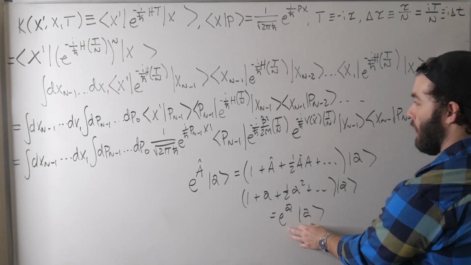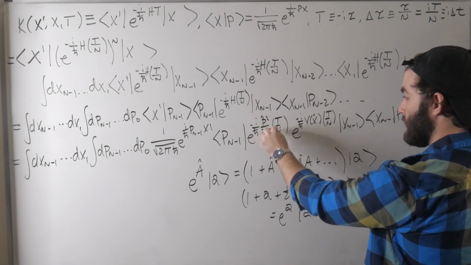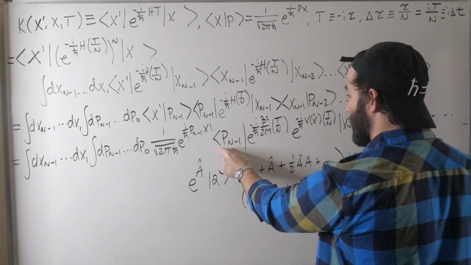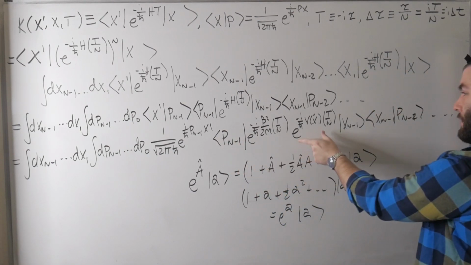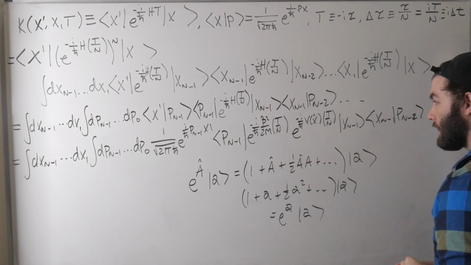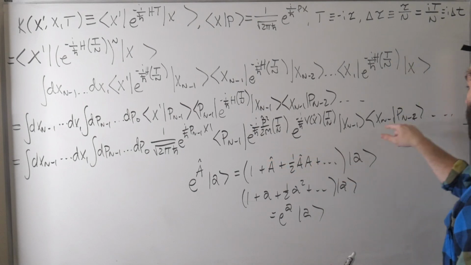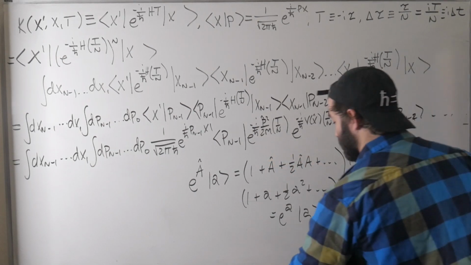So with that knowledge, since these are Hermitian operators, we can act to the left or to the right. So we'll have the momentum term act on the momentum eigenstate, and the potential term act on the coordinate eigenstates. And we'll eventually be doing this for all of those matrix elements.